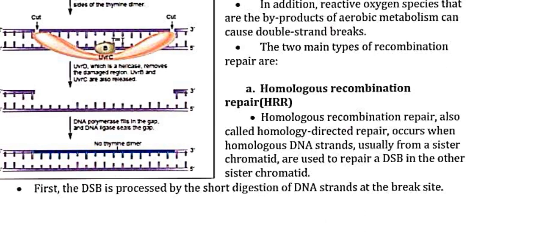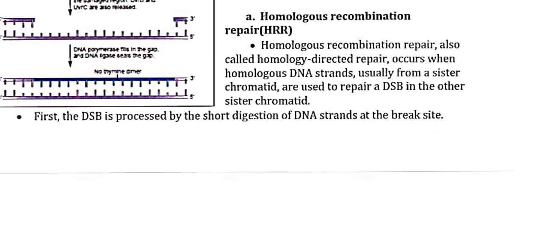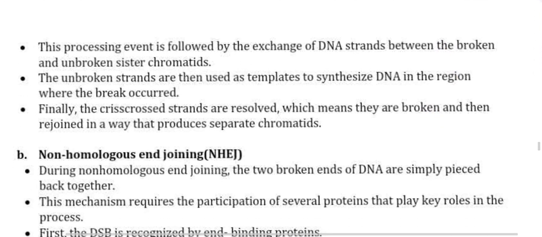Homologous recombination repair, also called homology directed repair, occurs when homologous DNA strands, usually from a sister chromatid, are used to repair a DSB in the other sister chromatid. First, the DSB is processed by the short digestion of DNA strands at the break site. This processing event is followed by the exchange of DNA strands between broken and unbroken sister chromatids.